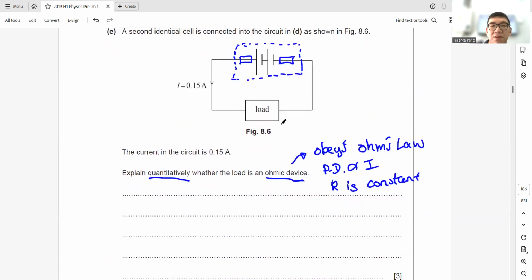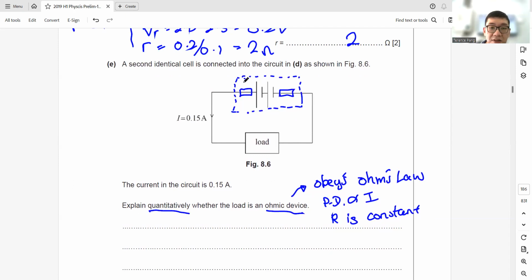So your r is constant, because the batteries are the same, you can consider small r as 2 ohms. Put that in. Now you have 2 batteries combined, so it's 2.5 plus 2.5 equals 5 volts.